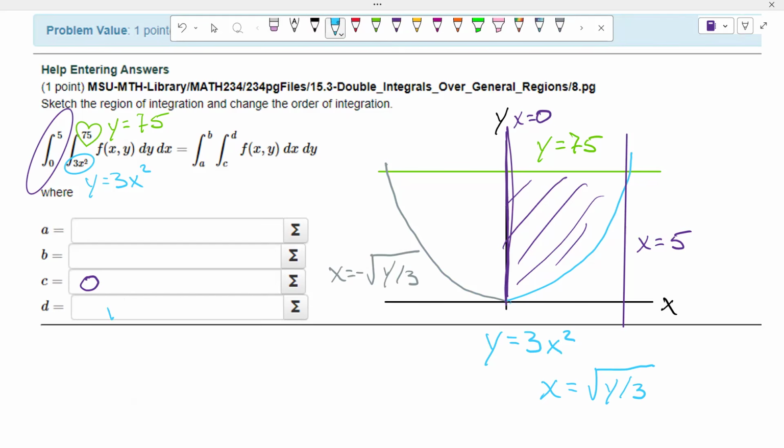So the square root of y divided by 3. That's my right side limit. Then for the y limits, it's just between some numbers. Its lower bound is 0 and its upper bound is 75. And there's no integral to evaluate here, so we don't even need to try. It just said f of x.